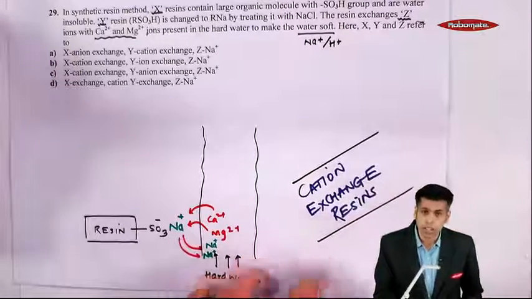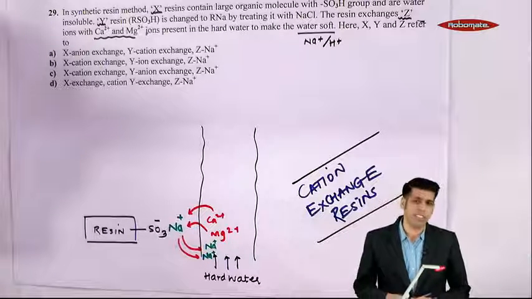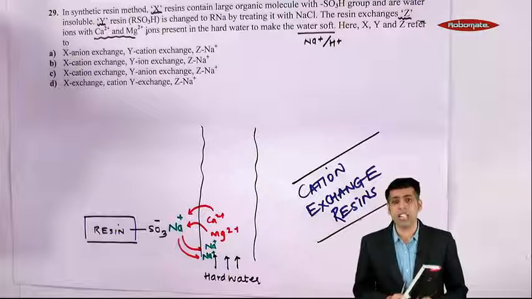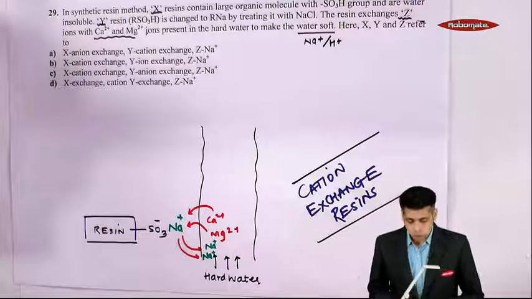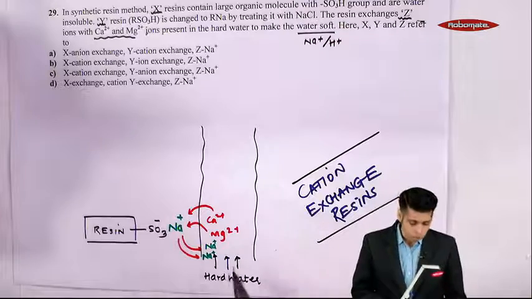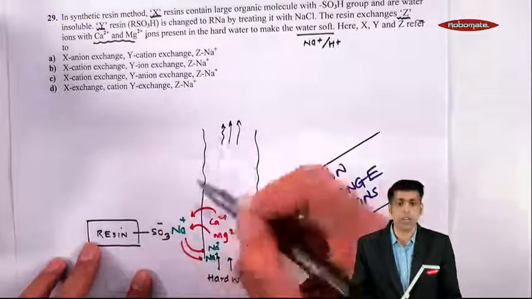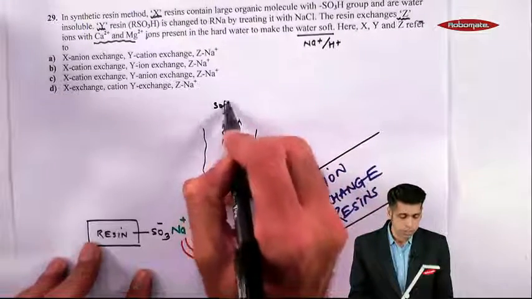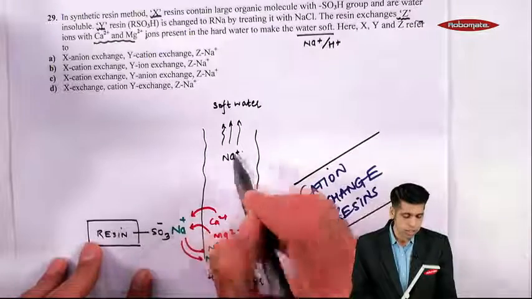So actually this is an example of a cation exchange resin. I hope everybody gets this clear, where Na+ is exchanged for Ca2+ and Mg2+. So now students, eventually this hard water would now have only Na+ ions and it would leave. So enters as hard water, leaves as soft water because it would only contain Na+ ions.